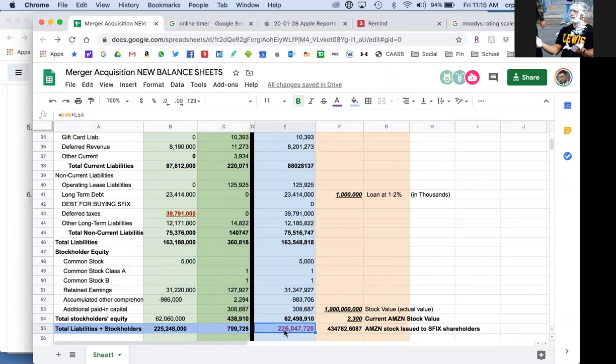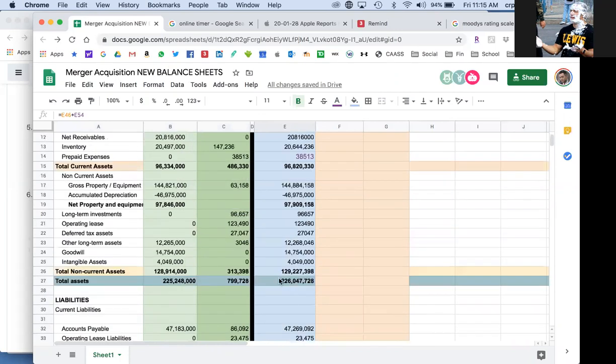This number, 226,047,728, equals total assets, 226,047,728.